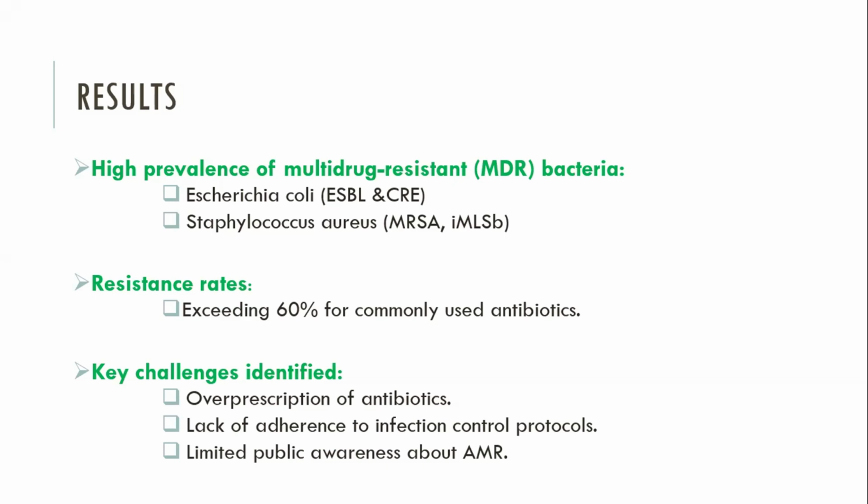This was observed mostly in Staphylococcus aureus, but also we had a very few number of the coagulase-negative staph species resistant to the methicillin group of penicillin. Also, the resistance rate was exceeding 60% for commonly used antibiotics in our region of Katavi.